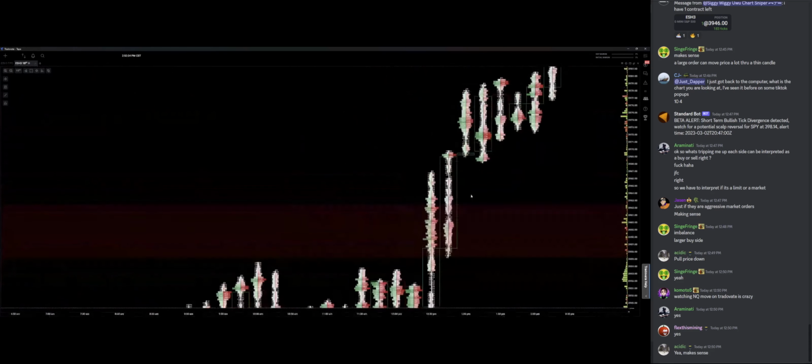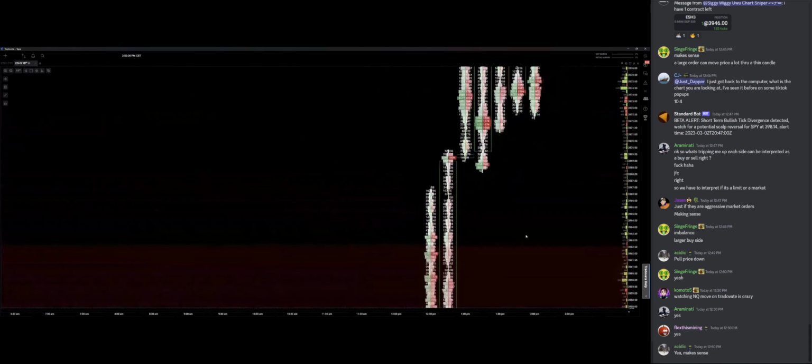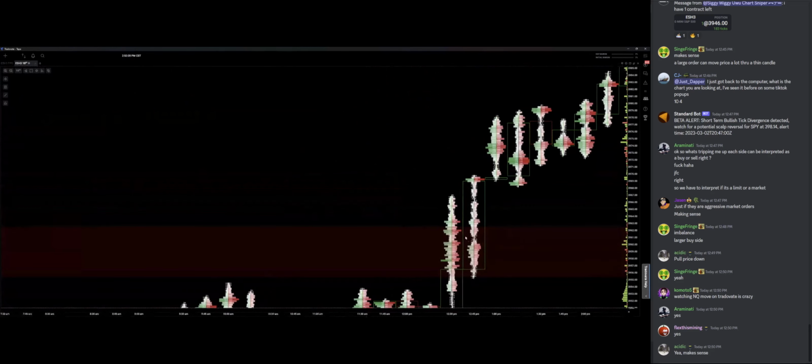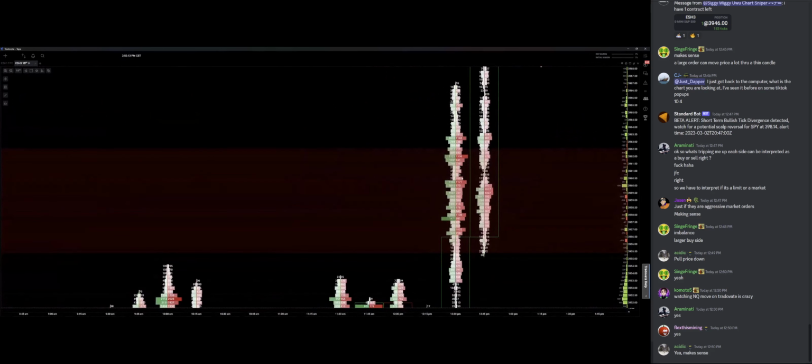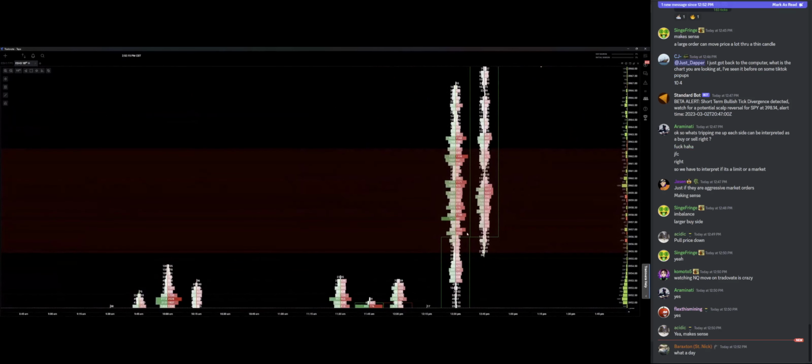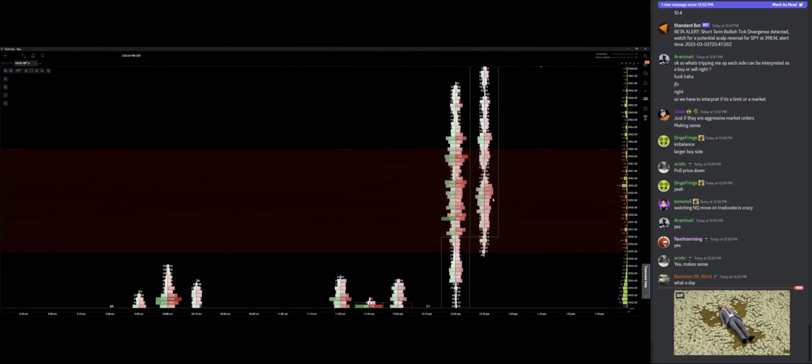Granted, there was some liquidity crisis going on here, a very small term, with the news. It is what it is. But do we see the aggressiveness in this area still? The absorption, right? Buyers pushing in, but there's limit sells sitting here that still want to get filled. Push above, look to the bottom. Do buyers want to hold this?